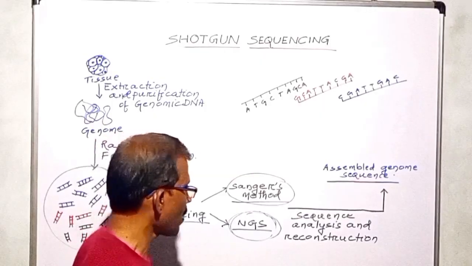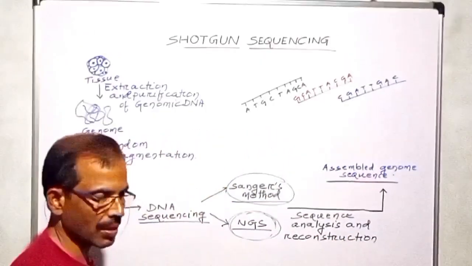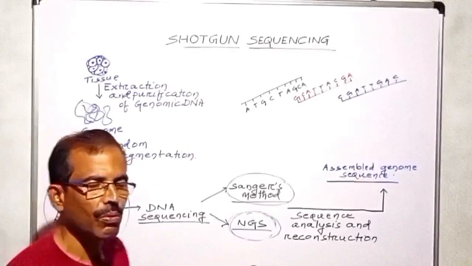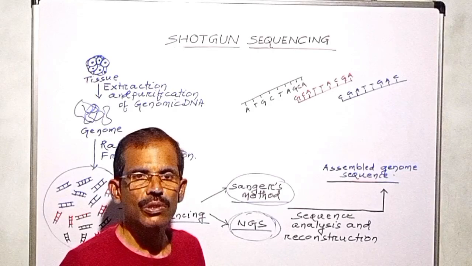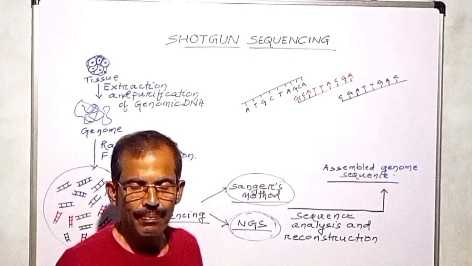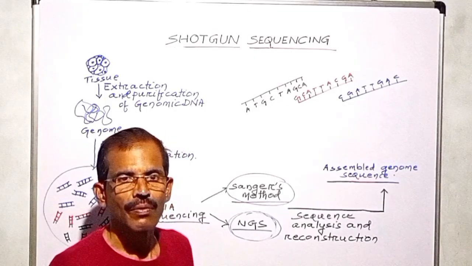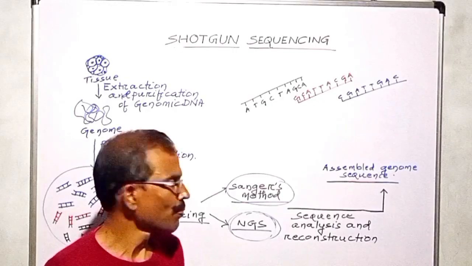Sequencing is followed by sequence analysis and reconstruction. As we have a very large number of overlapping DNA fragments, manually it is not possible to reassemble them in order to reconstruct the complete sequence. For this, we take the help of a computer program.